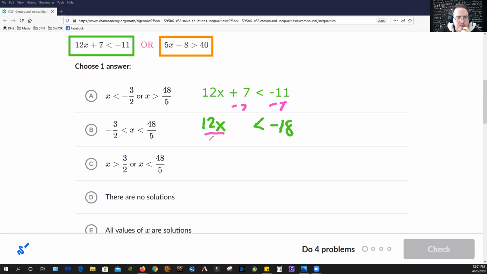Then I can divide both sides by 12. Again, I haven't divided or multiplied by a negative yet, so the symbol stays the same. So these make 0, this makes a 1. What are we left with? We're left with x is less than negative 18 over 12. Those can be reduced. If you divide them both by 6, wouldn't it be negative 3 over 2?